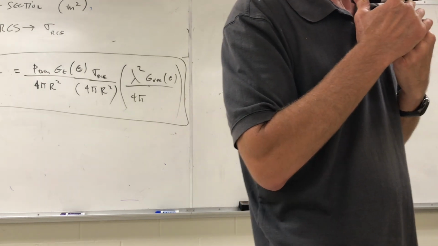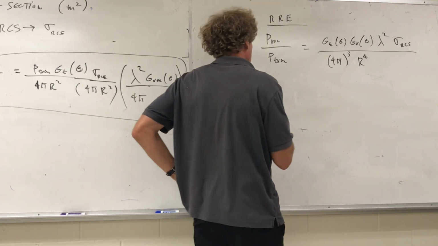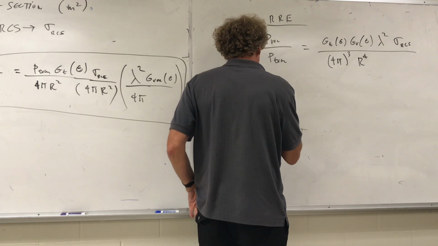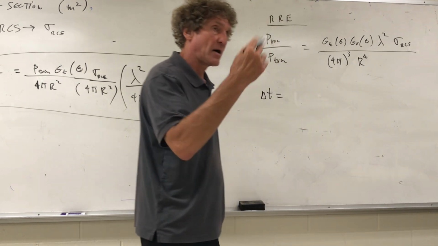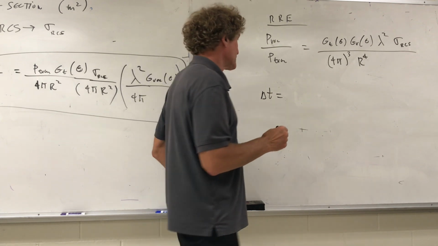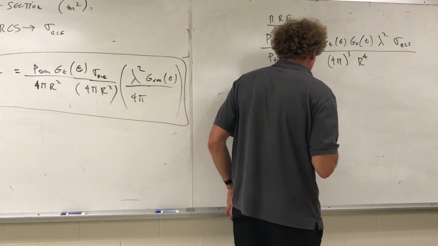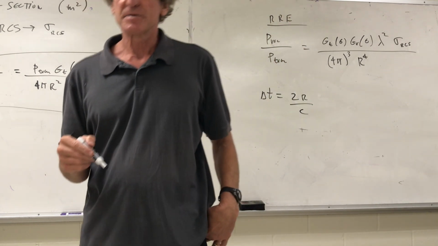Agreed? Everyone? So if that's the case, when we talk about the time delay, the delta t that the signal would take to go out and back, well, it goes 2r away, right? And it's limited by c, so that would be the time it takes for the signal to get back.